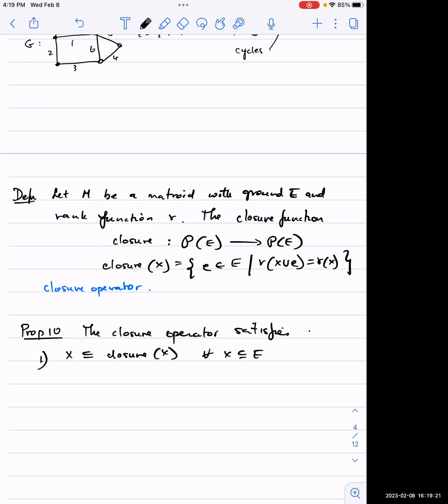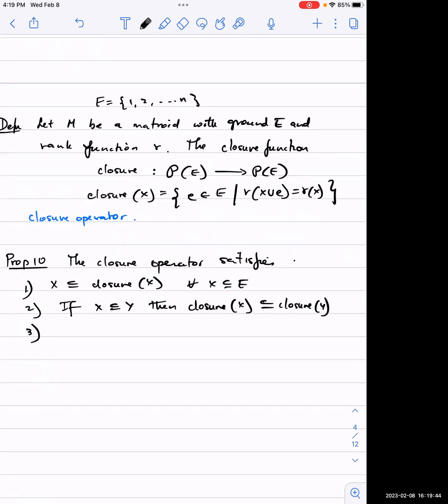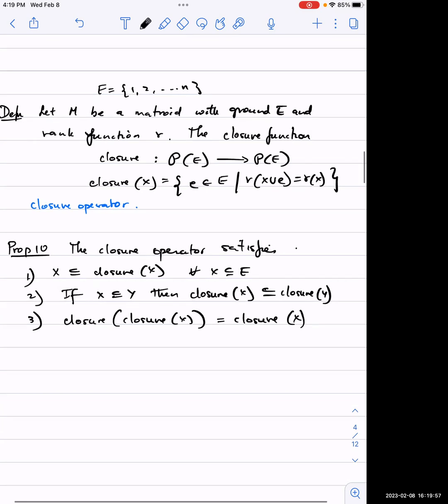And always think of E as just a set of n elements. 2, if X is contained in Y, then, reasonably, the closure of X is contained in the closure of Y. And 3, the closure of the closure of X is the closure of X. Think closed sets in topology.